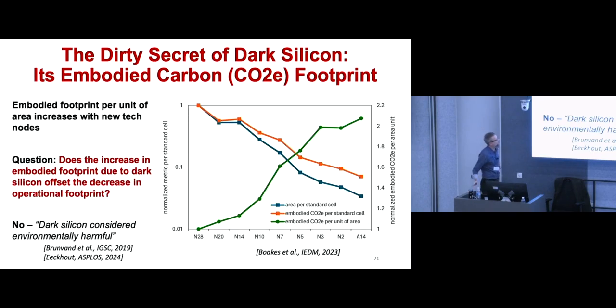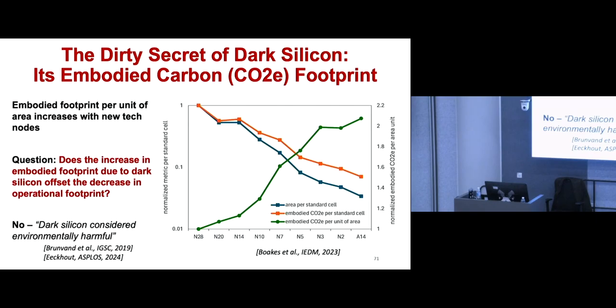This plot is showing, again based on data from IMEC, some normalized metrics per standard cell. The red curve is showing the embodied footprint per standard cell, and the blue curve is showing the chip area per standard cell as we go to new technology nodes.